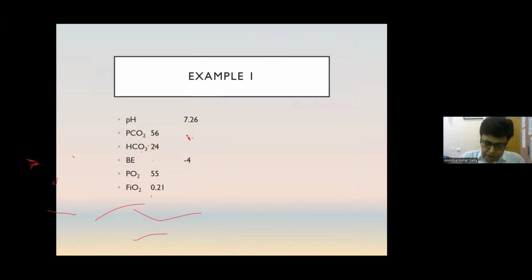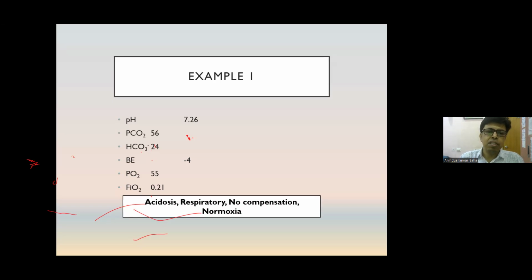PO2 is 55, so it is normoxemia. Bicarbonate is in the normal range, but carbon dioxide is in the higher range. So it is respiratory acidosis, but there is no compensation because bicarbonate is not changing. So it is respiratory acidosis, a simple disorder with no compensation.